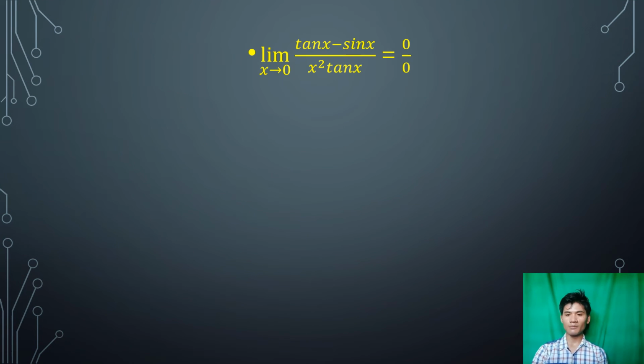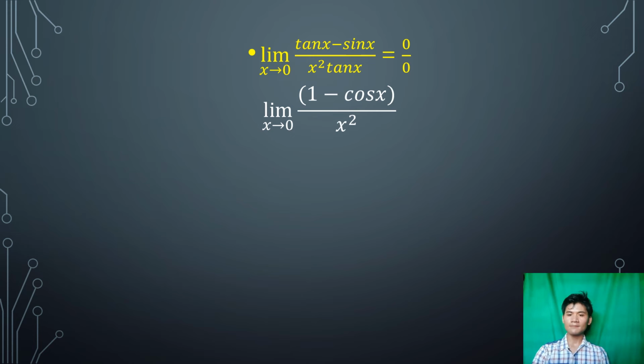The last example for today's video is the limit of tangent x minus sine x all over x squared tangent x as x approaches 0. Without further explanation, we are able to understand that this given is in indeterminate form type 0 over 0.